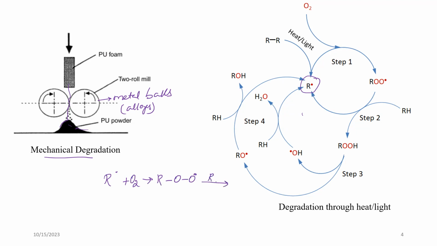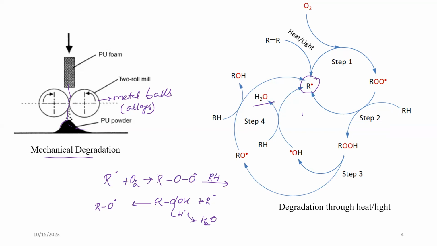Now to this ROO dot, if you add alkane RH, this ROOH is unstable. It forms RO dot. OH dot will be there. It can react with H dot, forming water.